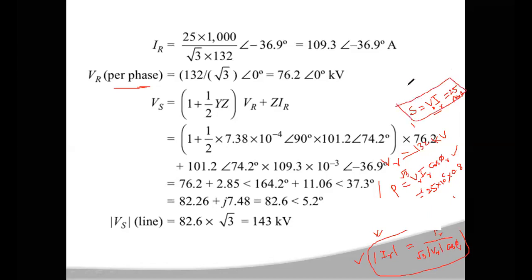So S is equal to, for the 3-phase system, root 3 into VR into IR, where VR and IR are the line voltage and line current. From this equation, the magnitude of current IR is equal to S by root 3 VR.